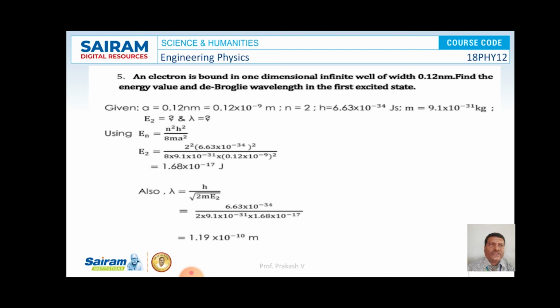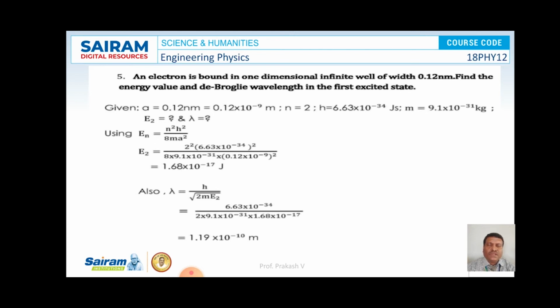So here the width of the potential well is given as 0.12 nanometer, and the order n is 2. h is 6.63 into 10 to the power minus 34 joule second, and the mass of the electron is 9.1 into 10 to the power minus 31 kg. So what is the value of E2 here, and also the value of lambda?